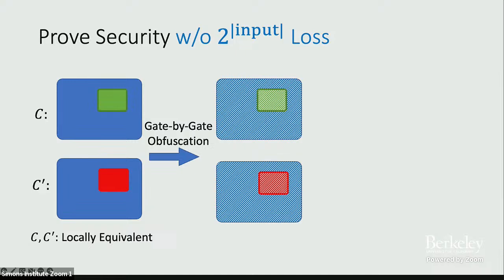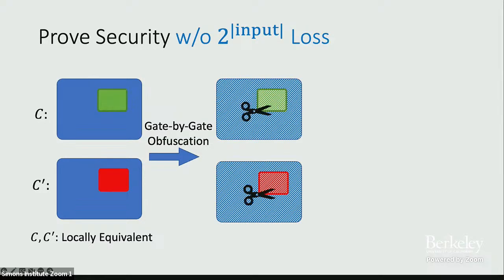We first leverage this topology-preserving property, so we can identify the position of the differing subcircuit in the obfuscated program. Note that each gate outside of these two subcircuits is exactly the same in C and C prime, so the gate-by-gate obfuscations of them are also identically distributed.